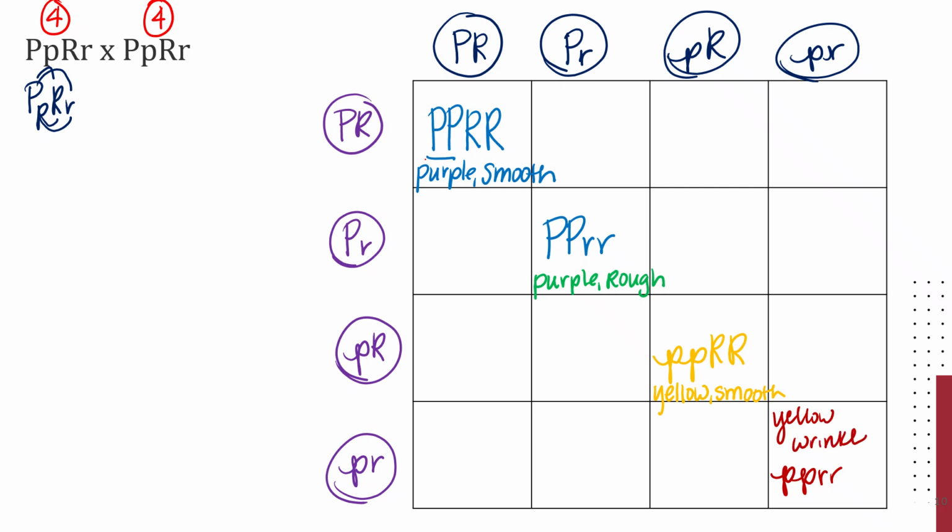So I would like you to try this. Fill out all of your combinations, fill out all of your different phenotypes, and then you're going to write out the phenotype ratio. You don't have to do the genotypes for this one because it gets messy, although it would be great practice.